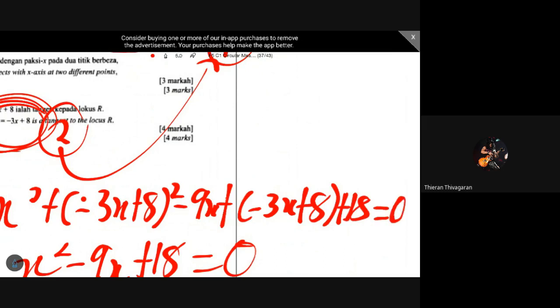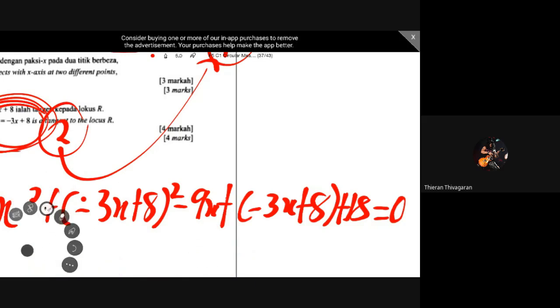Nampak macam panjang saja, just looks long, but actually you can solve one. Okay, so this one, kamu kena buat pengembangan kuadratik kat sini. You need to show quadratic expansion over here. Okay, so I hope you can do it. Kalau kamu boleh lihat terus dan kembangkan lebih bagus lah. If you can see directly and expand, means good.